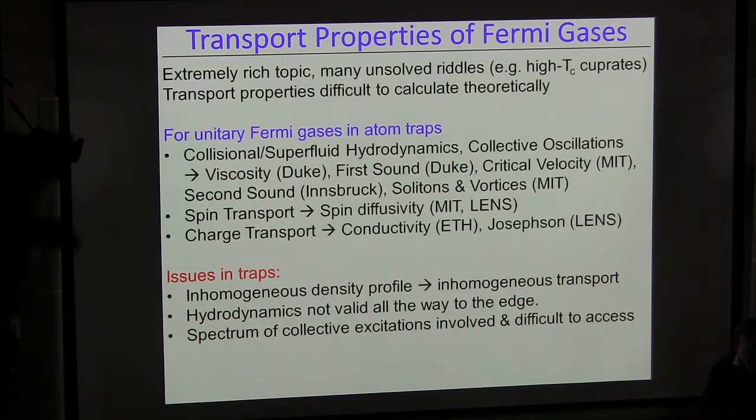There have been, of course, tons of experiments. This slide really doesn't do justice. I should have put all kinds of pictures of the beautiful experiments. For example, on the charge transport, using two reservoirs with a channel by the ETH group. Often these experiments have been performed in inhomogeneous traps, and that gives you a fundamental problem, that you might actually see transport properties averaged through a portion of the phase diagram.